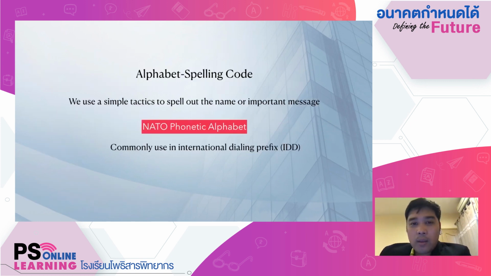Next one, alphabet spelling code. So, in order to spell out your name, or to spell out difficult words to the listener, you need to use a proper spelling code, which is the NATO phonetic alphabet.